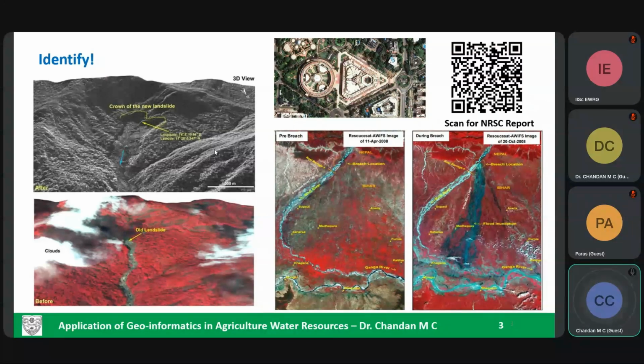Here you can see to the left, the pre-breach river course, which ultimately goes and joins the Ganga river. But here you can see after the breach of the dam at the border of the Nepal and Bihar region. It was a very catastrophic event which happened in 2008, and thousands of lives were lost.